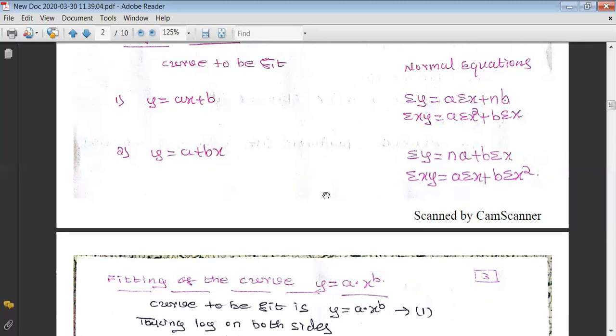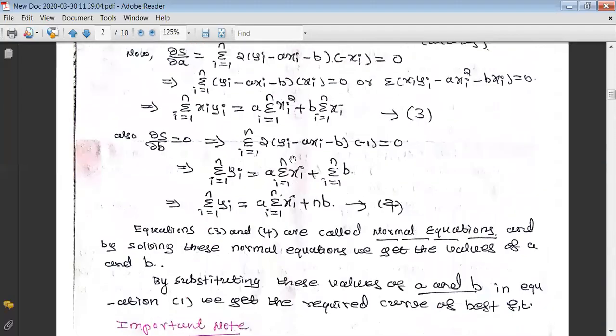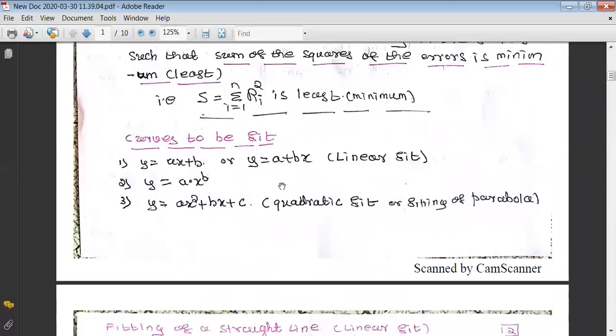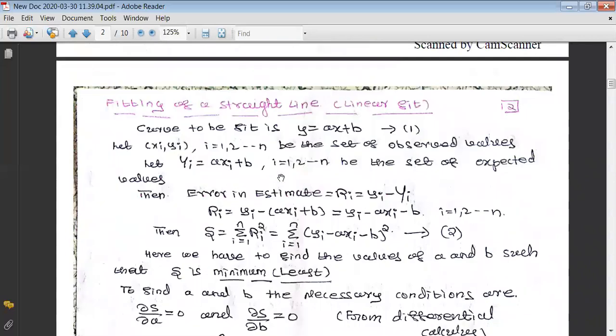And in general, once you look at the procedure, the meaning of what we are required to do in curve fitting: suppose the curve to be fit is y equal to ax plus b. Not only this one, whatever may be the curve to be fit, our job is to identify the constants involved in the equation of the curve to be fit using the given data.